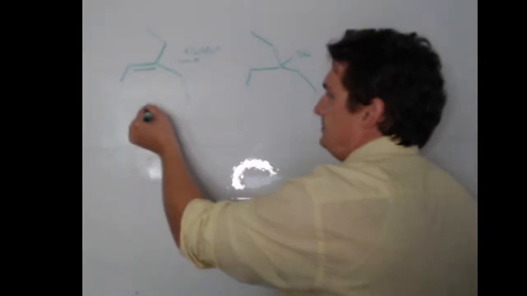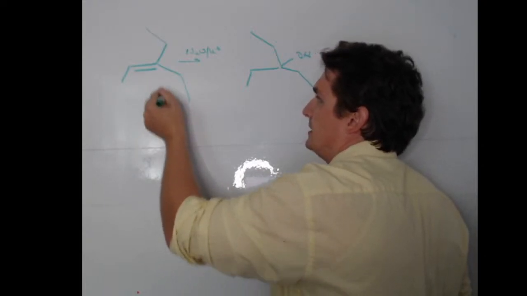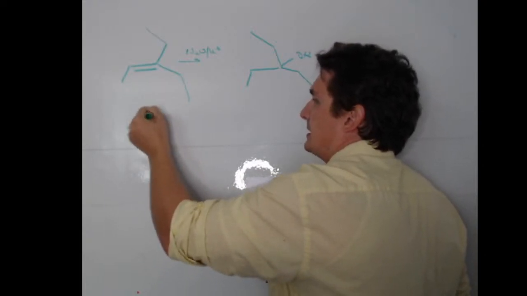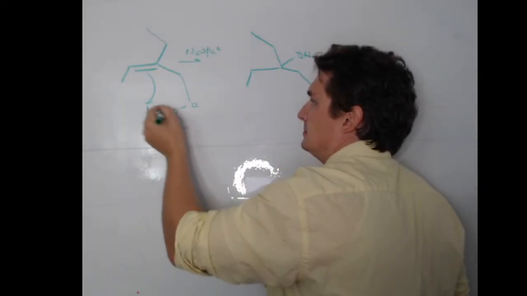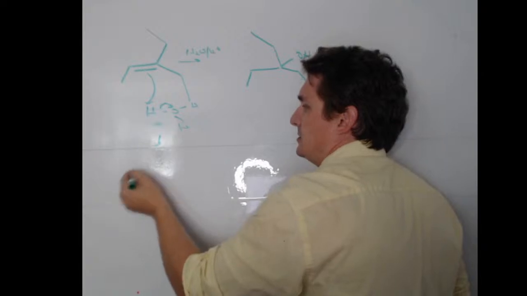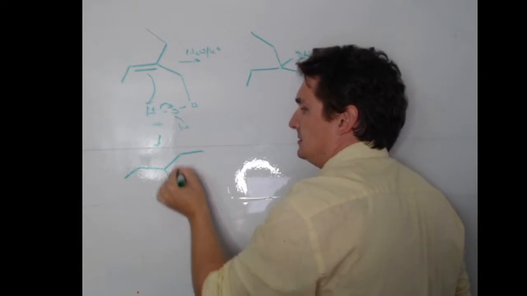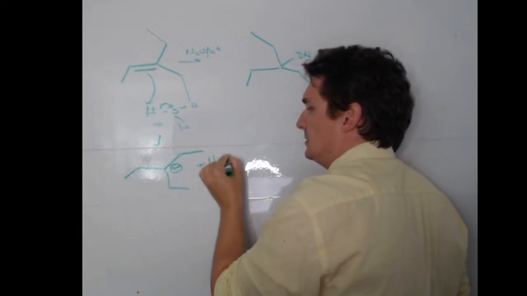So that's part one. Now, in terms of the mechanism for how this works, first step, we're going to have our double bond attack the hydrogen on hydronium. And this will give us our carbocation intermediate and water.